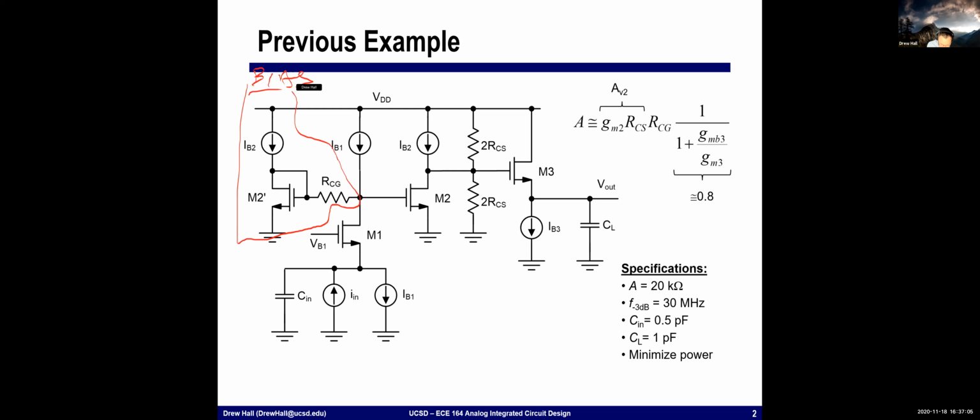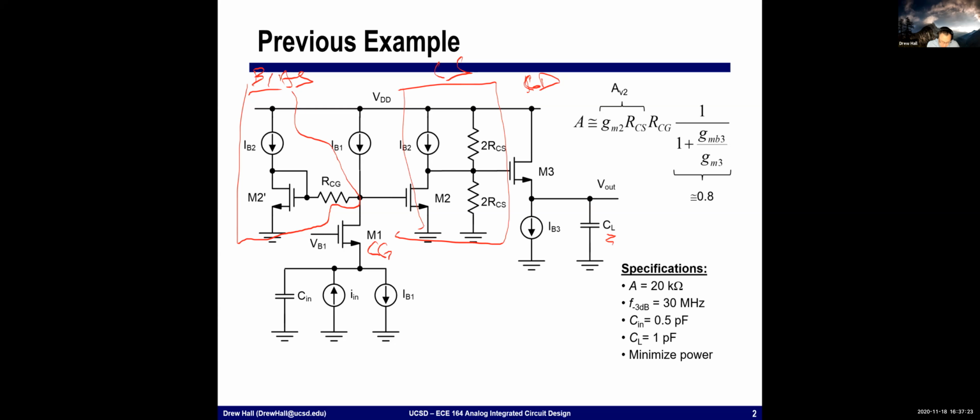This is a common gate amplifier. Then we have a common source amplifier to get some gain. And then we have a common drain amplifier to have low output impedance in order to drive this load.